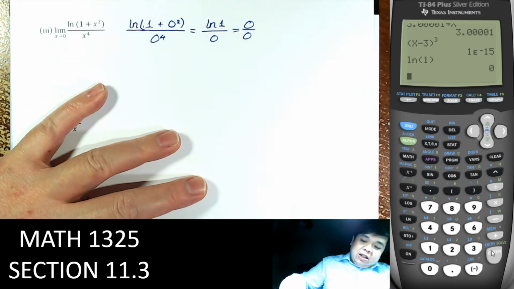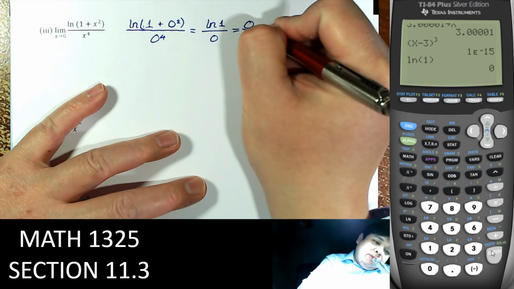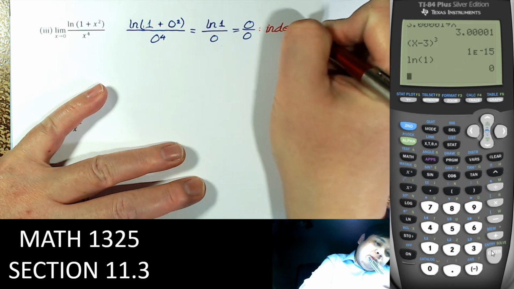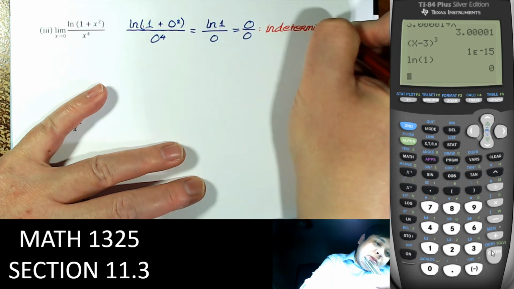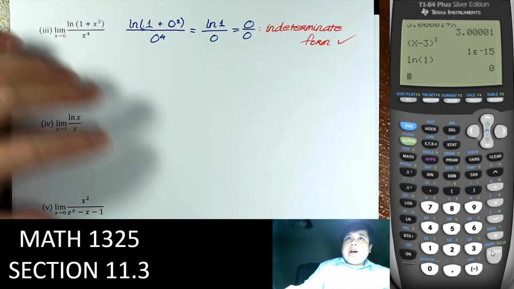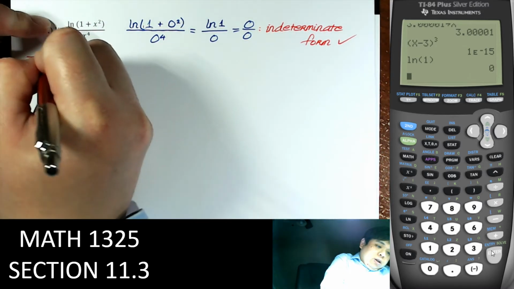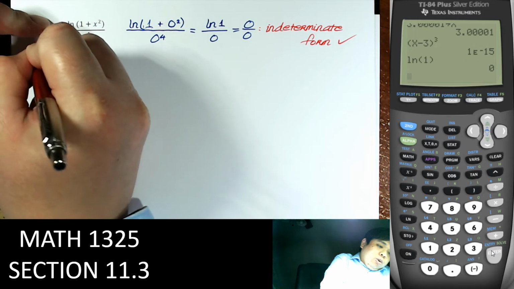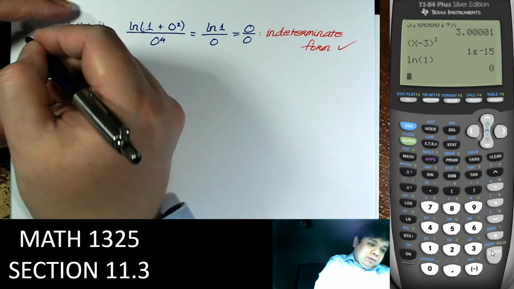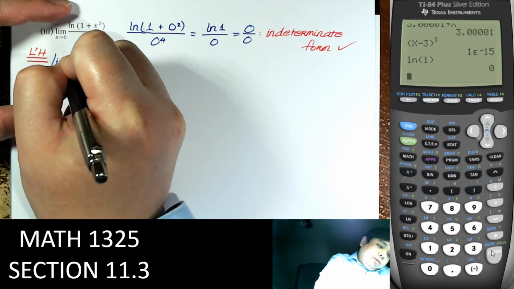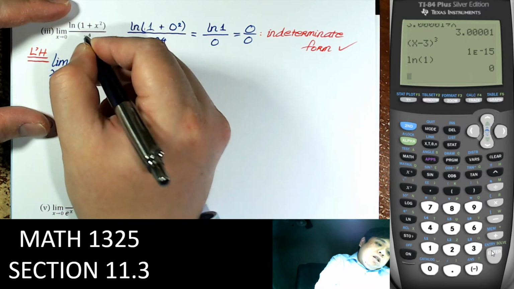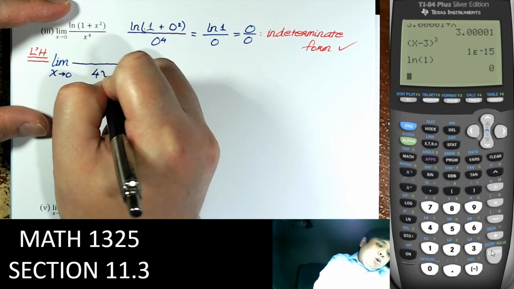So once again, this is indeterminate form, so we use L'Hopital's rule. The derivative at the bottom is easy, 4x cubed.